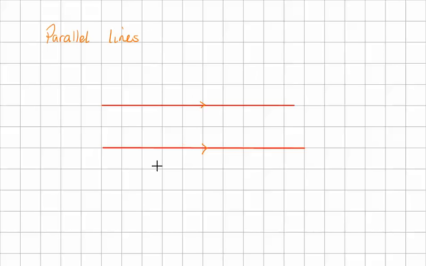Now, if I draw two other lines, which I also say are parallel but not parallel to the other two, what symbol do you think I could use to say those two are parallel? Sophie? Just arrows. So if I did an arrow like that and an arrow like that, that's what we would do?